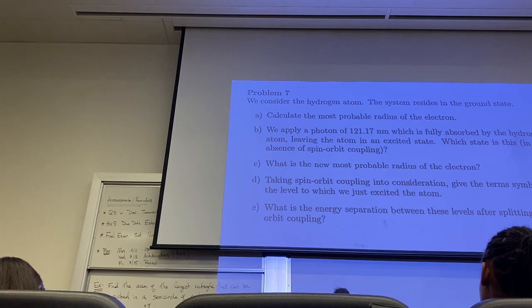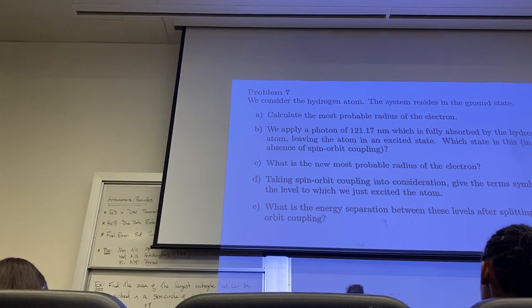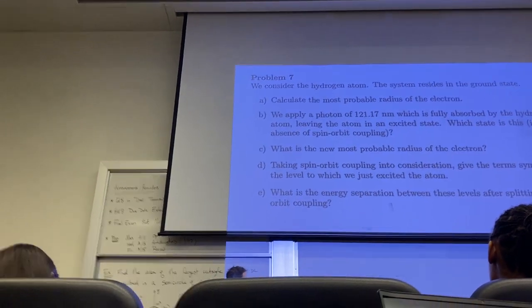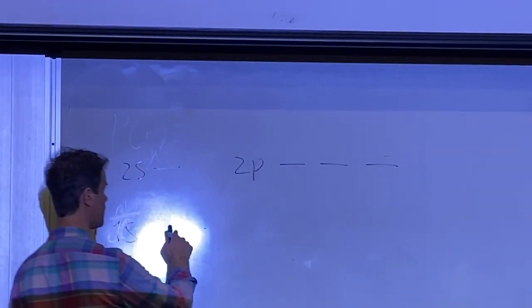I started in the 1s, and then that's of course n equals 1, and it goes to n equals 2, but of course I have several possibilities. I have the 2s, and then I have the 2p. Okay, so where does it go? I know it's a level 2, but it must of course go from here to there.